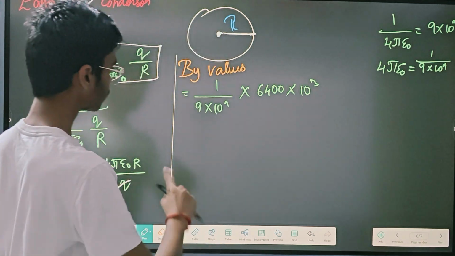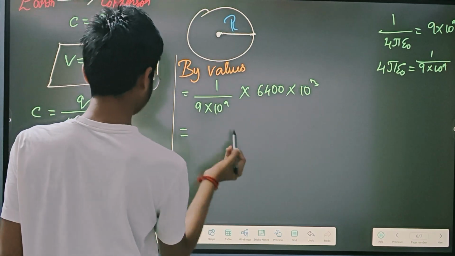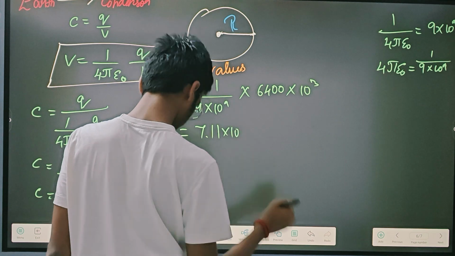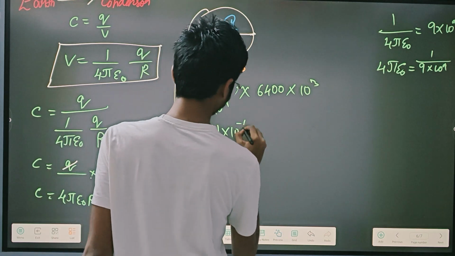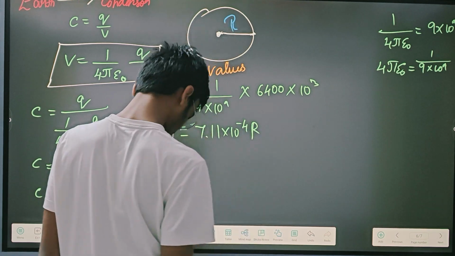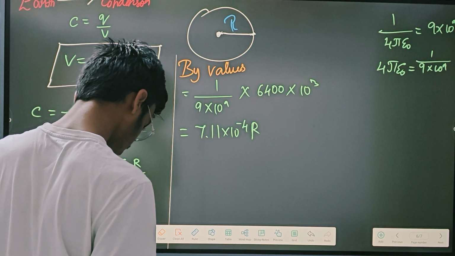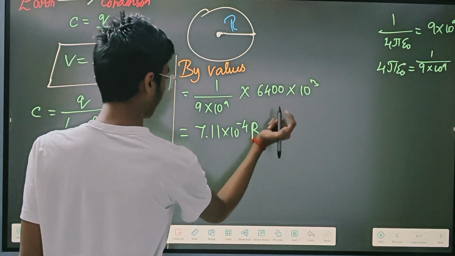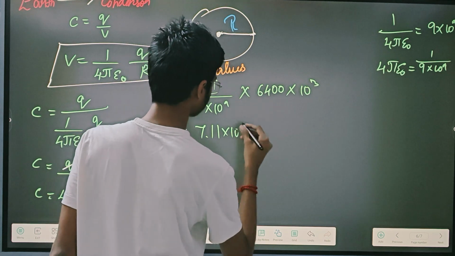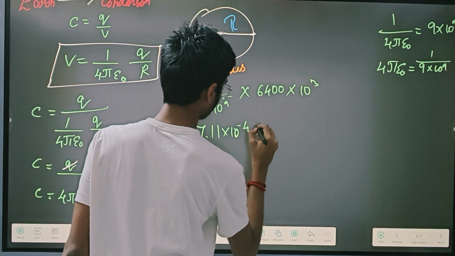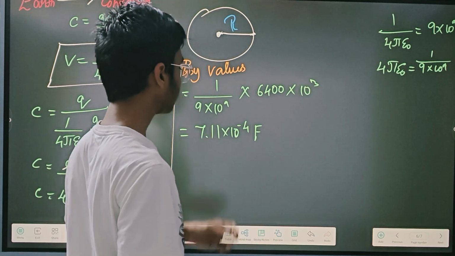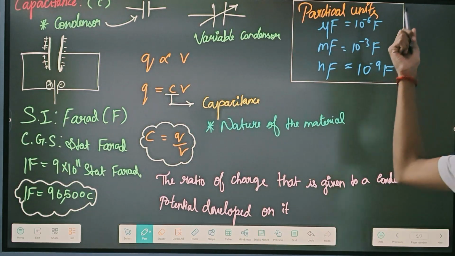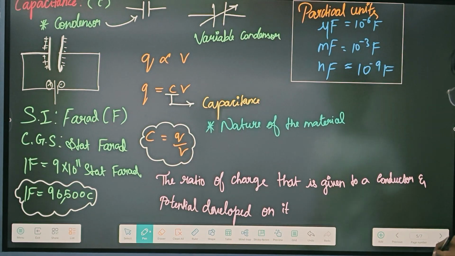If you simplify these values, I've already calculated them. You will be getting 7.11 into 10 to the power of minus 4 farad. Sorry, F for Farad, not R. I have given you practical units over here.